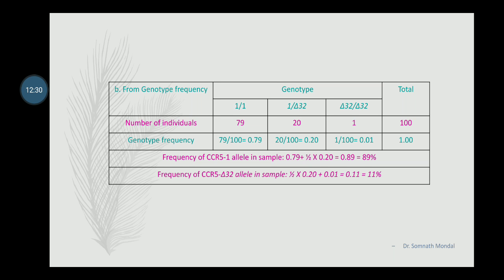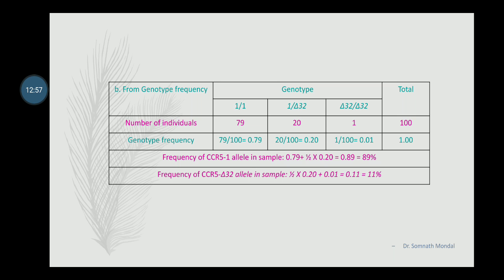Now, how can we calculate? The genotype frequencies, we know, are 79 homozygous dominant, 20 heterozygous, and 1 homozygous recessive. Therefore, the total is 100. A total of 100 individuals has been surveyed. Now, out of 100, 0.79 is the genotype frequency of homozygous dominant.